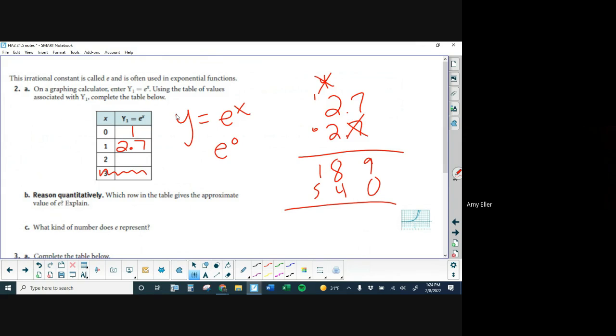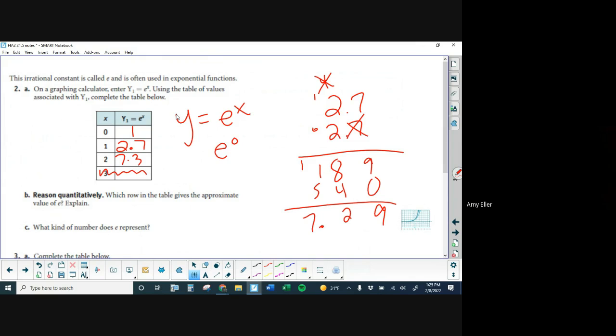You guys remember how to do multiplication like this without a calculator? You guys are smart. Sometimes we forget basic arithmetic. So 7.3 is good enough.